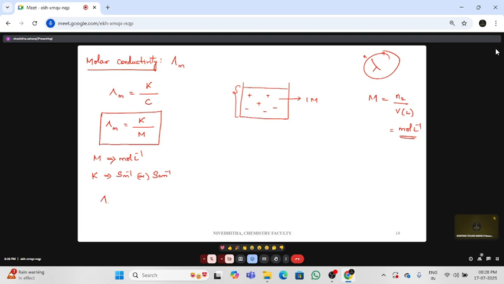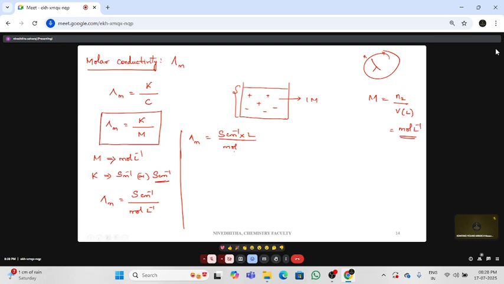So lambda m is equal to kappa divided by molarity. Let us use this unit, Siemens centimeter inverse divided by mole per liter, right? I'm just going to bring this per liter to the numerator. So lambda m is equal to Siemens centimeter inverse mole inverse into liter.